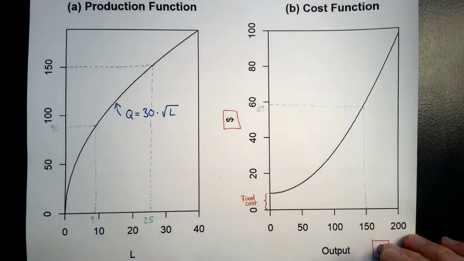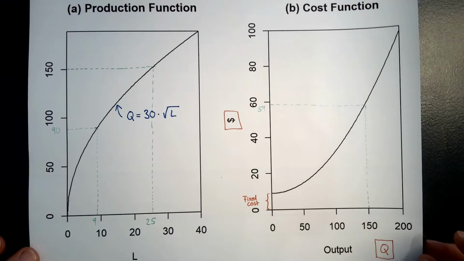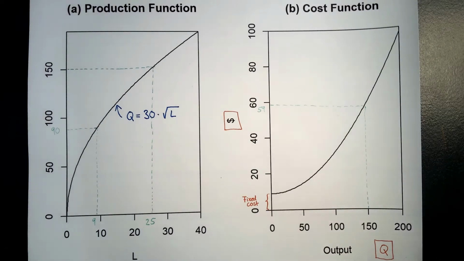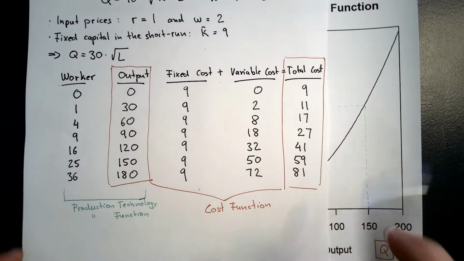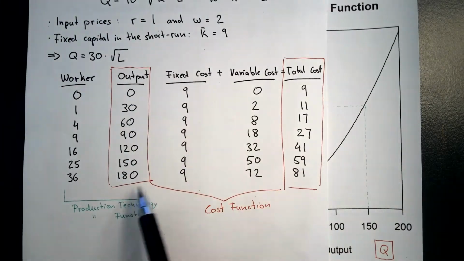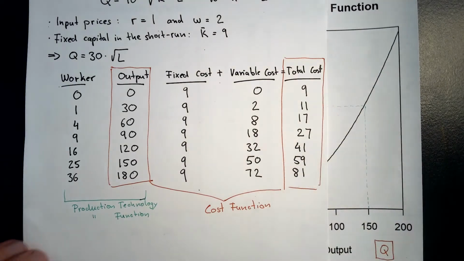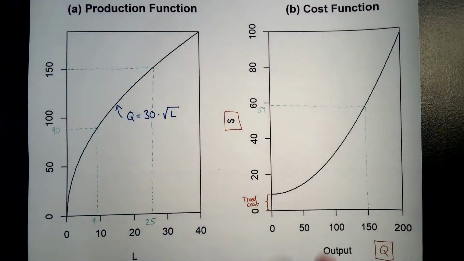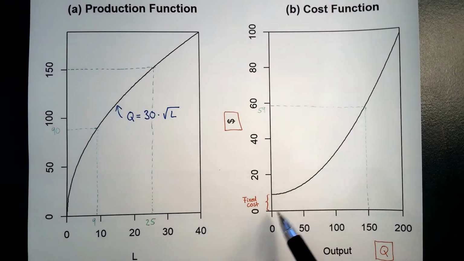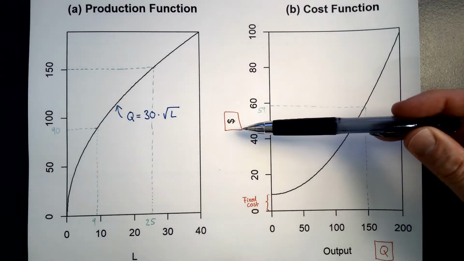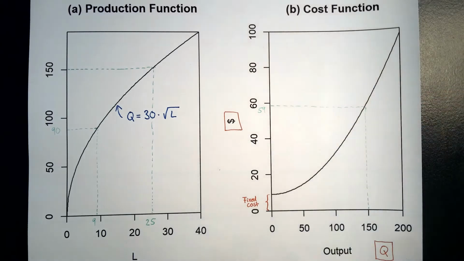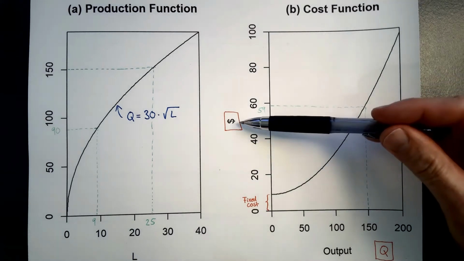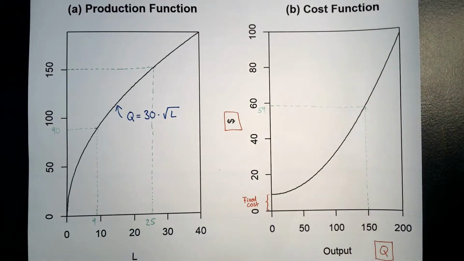Okay. Now, in the previous problem, we have seen that we can relate output to the total cost function. And this is what we are doing on the right-hand side here. We have the output, or the Q, on the horizontal axis, and we have the dollar amount on the vertical axis.